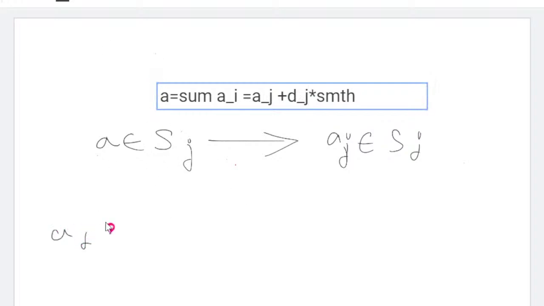SJ is basically stuff of the form something plus DJ into something. If you subtract a multiple of DJ, AJ will still be in that set. So you end up with AJ as a part of SJ, so you're done.